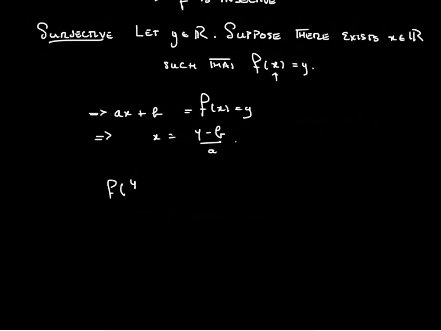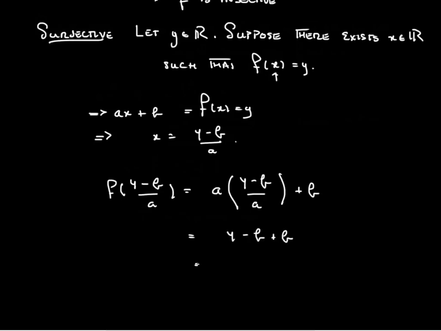We can verify this. f of (y minus b) over a is equal to a times (y minus b) over a, plus b. Now the two a's cancel out, so we're left with y minus b plus b. The b's cancel out, and we have y, our arbitrary element.